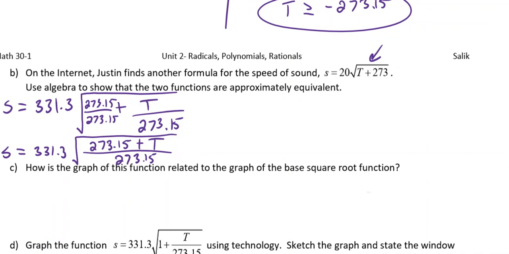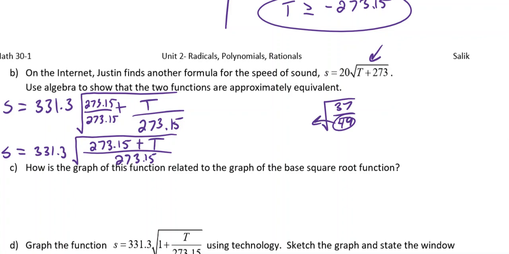Now, do you guys remember, just a little bit of review on square roots, if I took the square root of 36 over 9, is everyone okay with saying that that would be the same thing as 6 over 3? You just take the square root of the top, take the square root of the bottom. Or if I had the square root of, let's say, 37 over 49, I could bring out the 49.